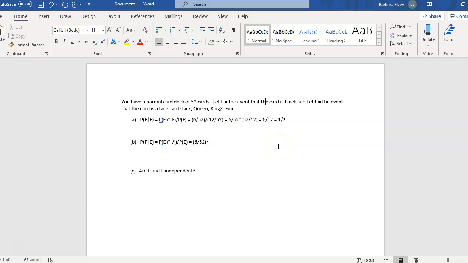So there's 26 total black cards. So this will be 26 out of 52. Now again, just like the last one, when we flip the fraction, the 52s are going to cancel out. We're going to get 6 over 26, which is going to reduce to 3 over 13 as our probability. Okay, now let's go to the idea of independence.